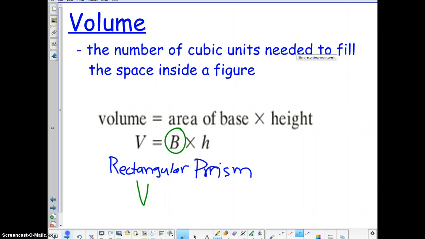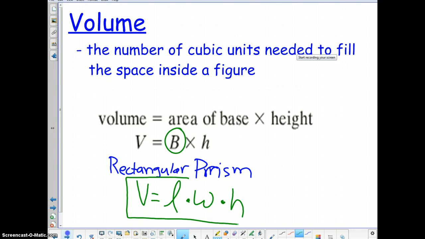So the volume of a rectangular prism would just be the length times the width, which would be our base, and then we would just multiply it by the height. So this is a little bit more of a precise equation on how we can find the volume. A lot of the time they're going to be giving us the length, the width, and height of an object, and we have to find the volume by simply multiplying all three of those together.